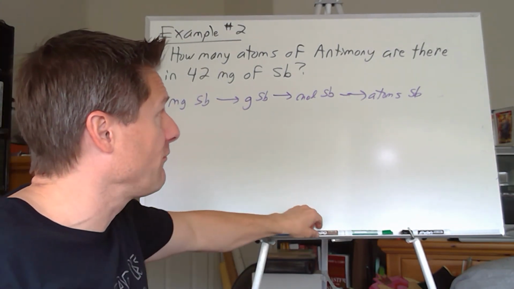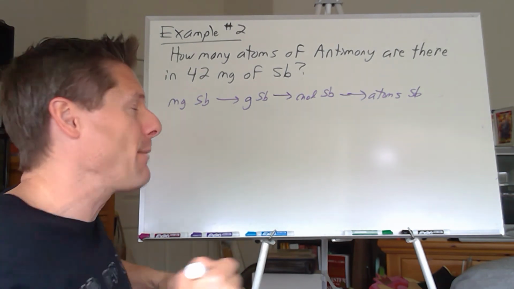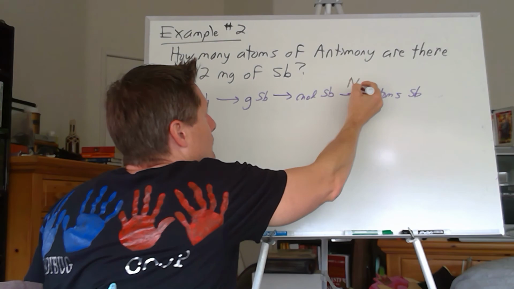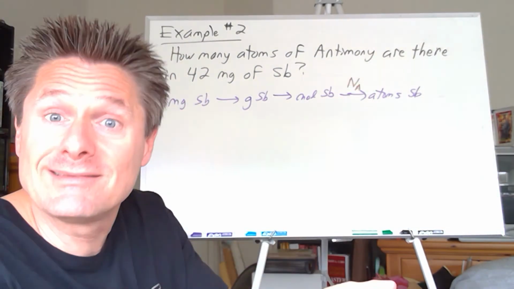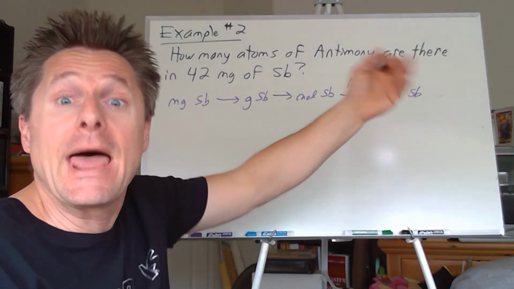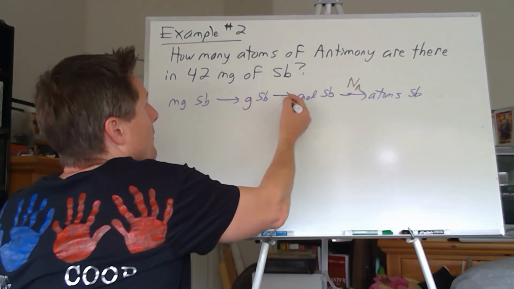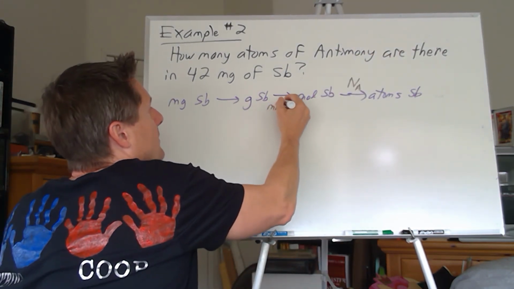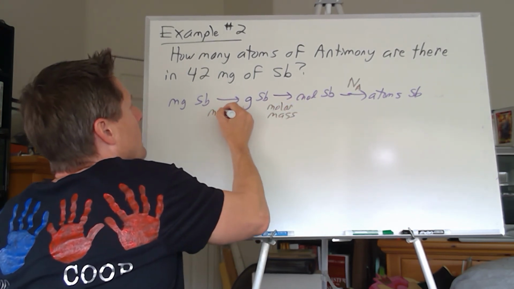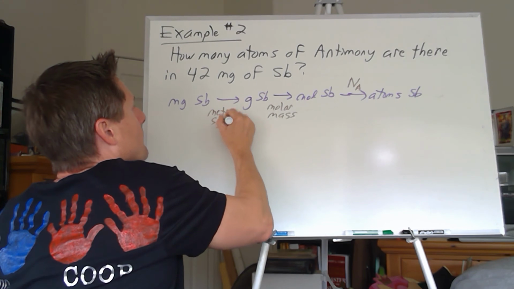Now, there's a symbol for Avogadro's number, by the way. It's called capital N, little a. That's a symbol for Avogadro's constant, technically, the 6.022 times 10 to the 23rd antimony atoms per mole of antimony. From here to here, we're going to use molar mass. From here to here, we're going to use the metric system.